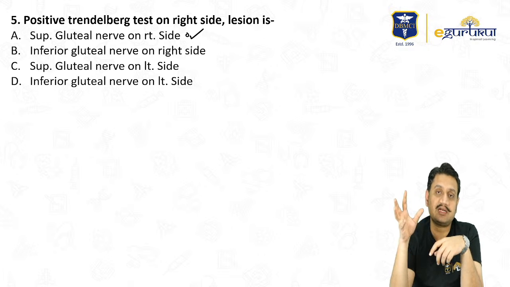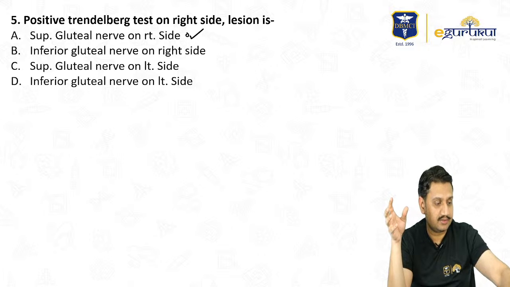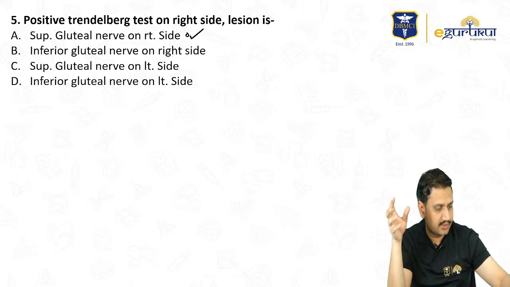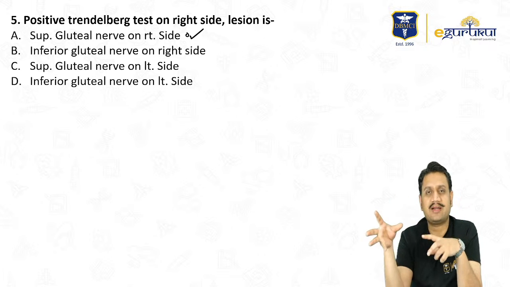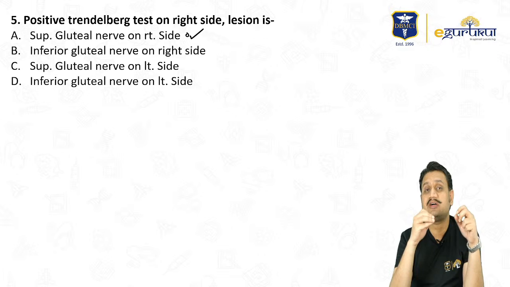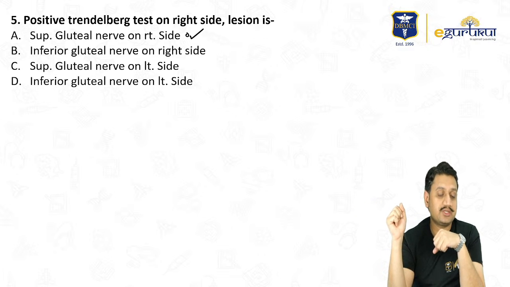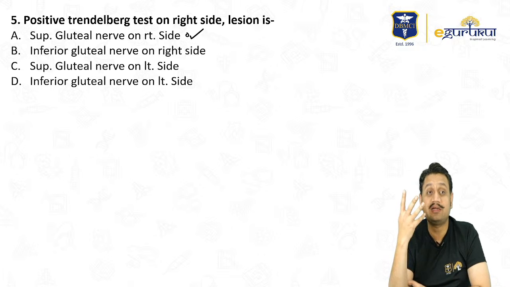Then they gave the clinical scenario, in which some patient is asked to stand on the right side, and the left side of the pelvis drops down. So what they asked is, what was the affected nerve which is marked in this particular cadaver? In the cadaver they had marked the superior gluteal nerve, and they asked you about the Trendelenburg test only.